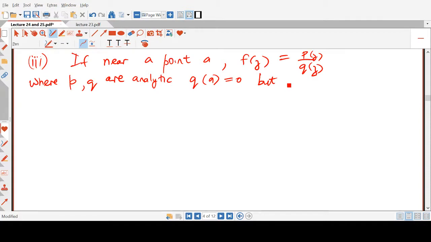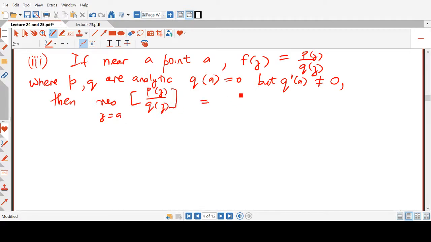But q dash of a is not 0, the derivative is not 0. Then the residue of p over q at z equals a is p of a divided by q dash of a.